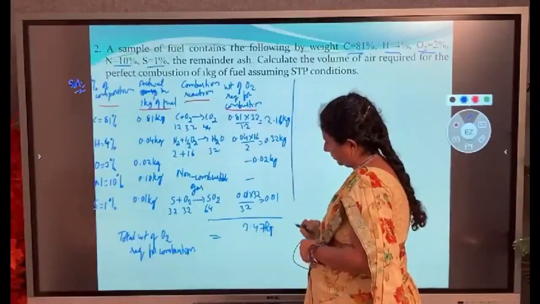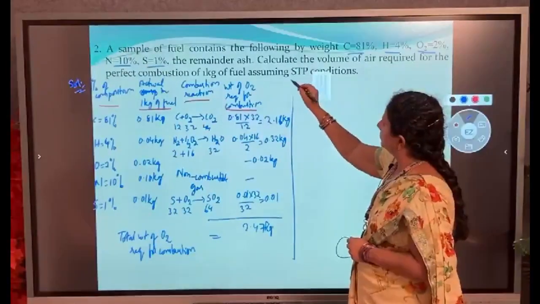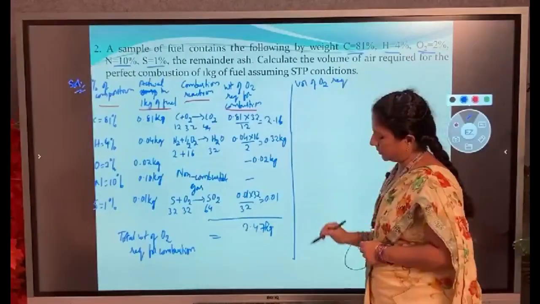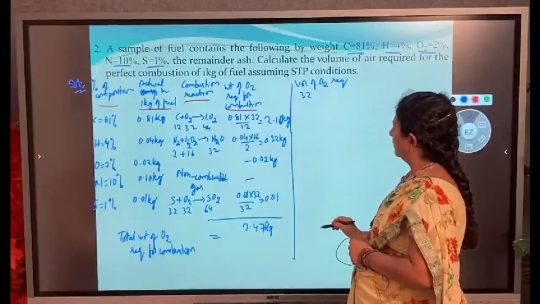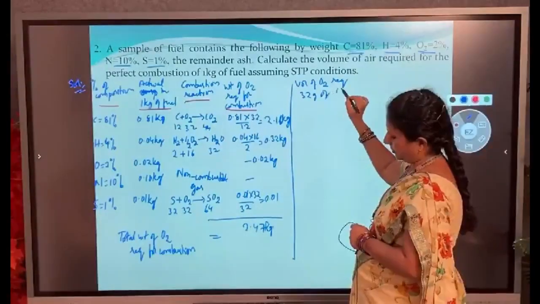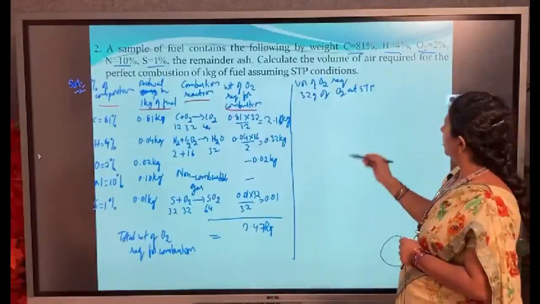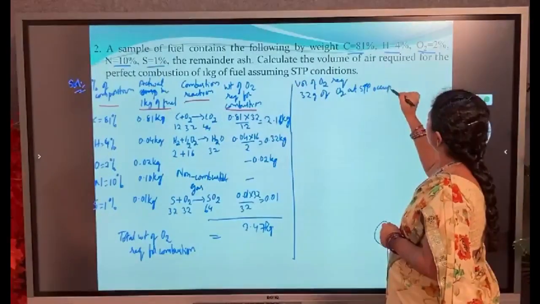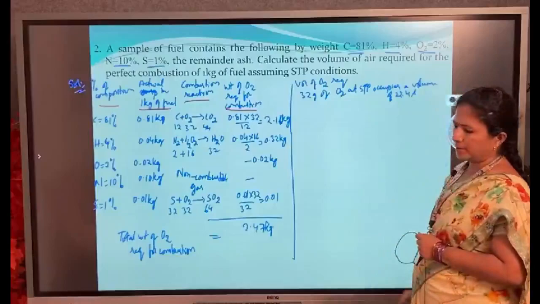Now, volume of oxygen required. 32 grams of oxygen at STP occupies a volume of 22.4 liters.